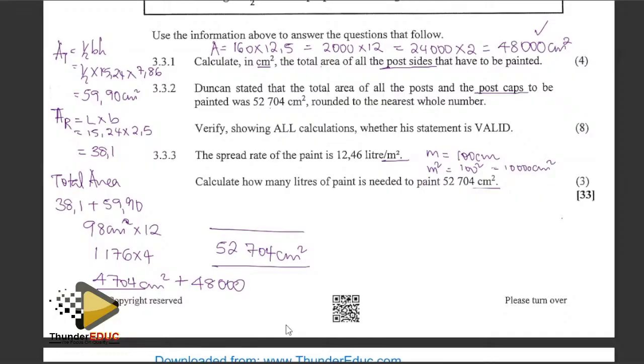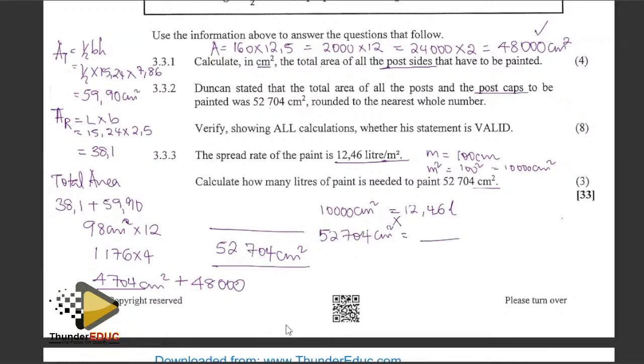10,000 centimeters squared. So I'm explaining this. This simply means for every 10,000 centimeters squared, I need 12,46 liters of paint. So now I have 52,704 centimeters squared. How much will I need? Definitely it's going to be more, because for 10,000 only I need 12. What about 50,000?